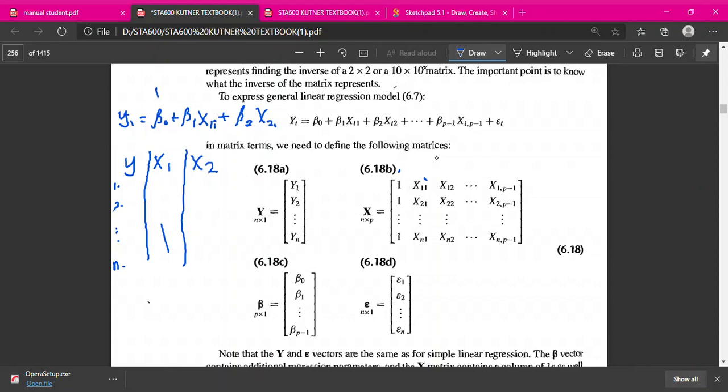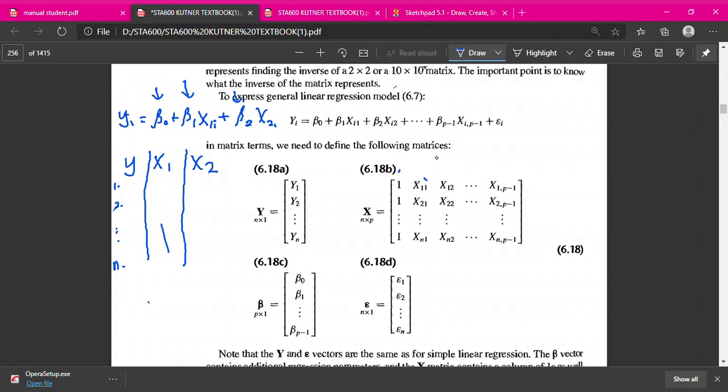So we have 3 parameters. So here it will be n by 3 if we deal with two independent variables.